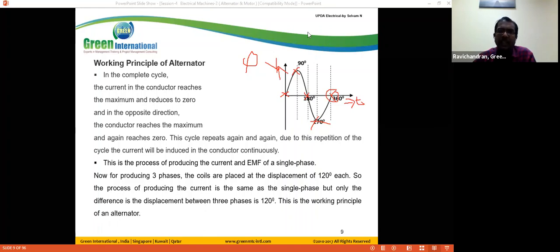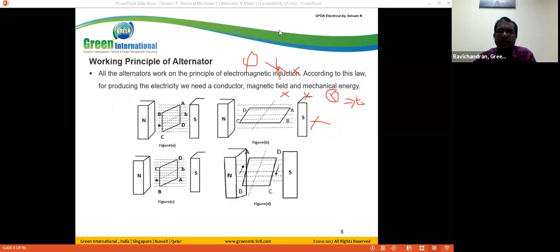Just see that diagram. Here it produces zero voltage, here maximum, here zero again, and here we have a maximum.